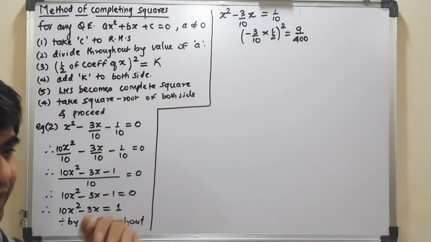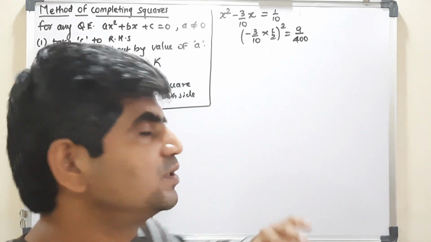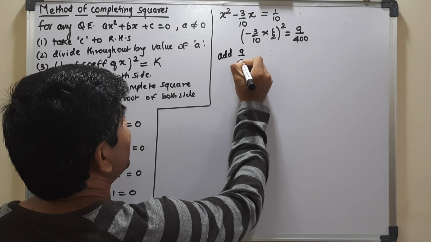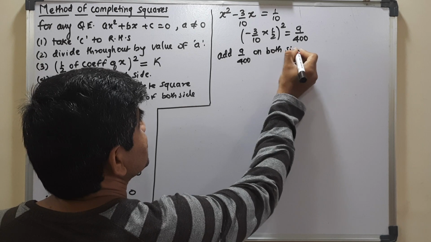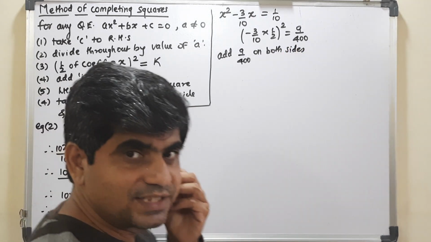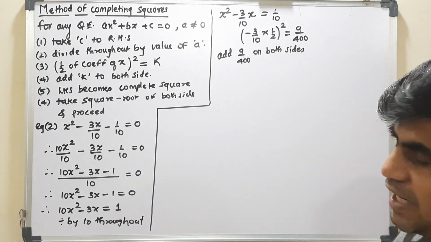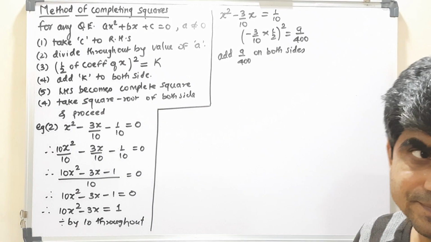This k you have to add to the left side and to the right side also. That is, add 9 by 400 on both sides. Addition and subtraction is done only once, remember, only once. Addition and subtraction once, multiplication and division to every term.